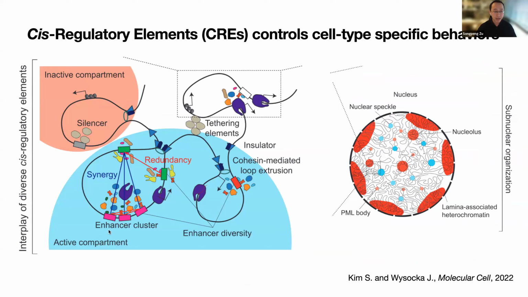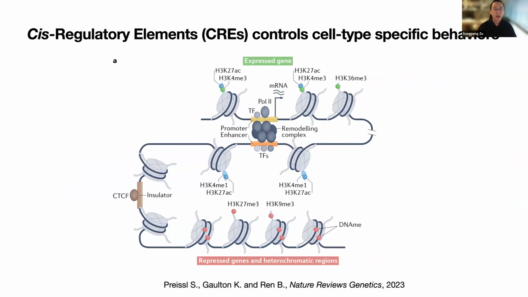For example, enhancers are bound by transcription factors and can regulate downstream target genes. Here is another figure introducing the details. Typically in the promoter region we have Pol II binding, and transcription factors bind to cis-regulatory elements like enhancers and promote transcription of the downstream genes.